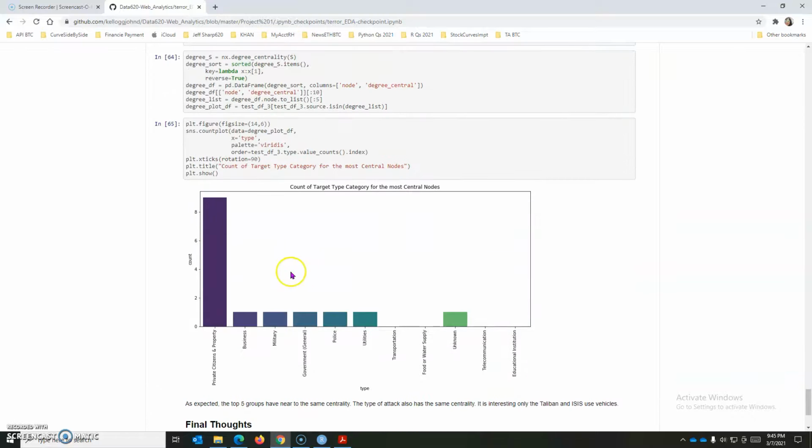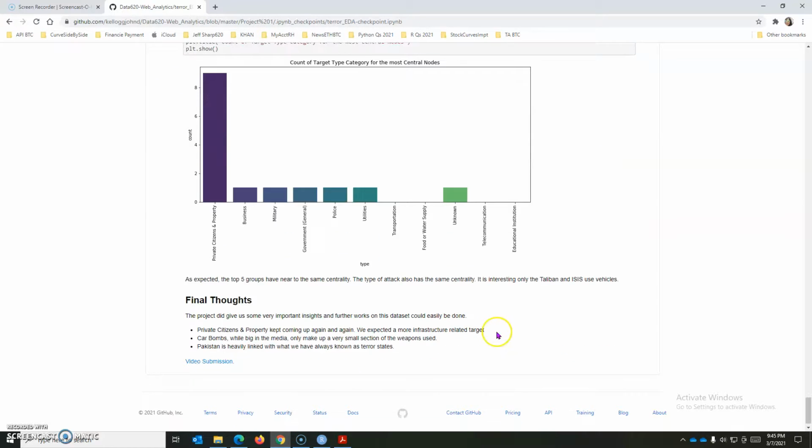What stands out here is that in terms of target group, the private citizens target group weighs so much more, almost 10 times more than the rest of the target groups, business, military, etc. So that is something that we did not expect, but we will take a look in future projects.